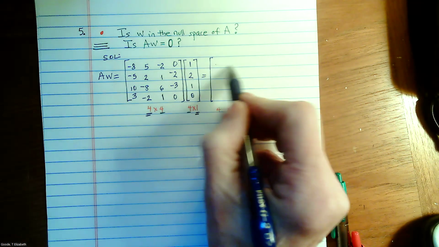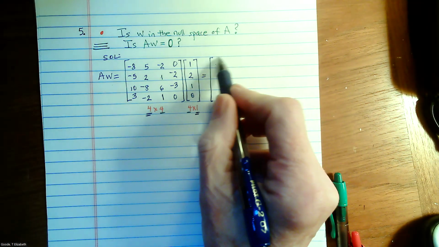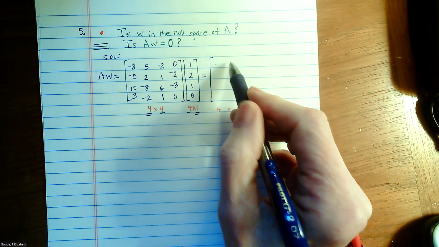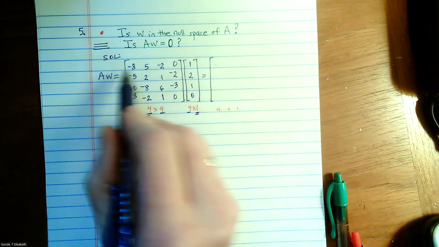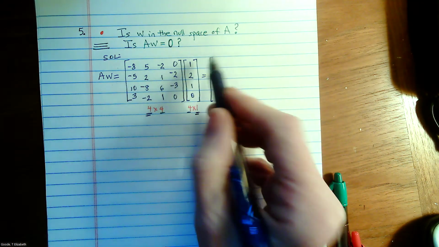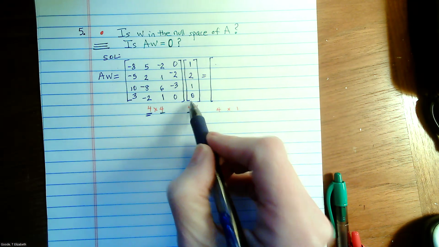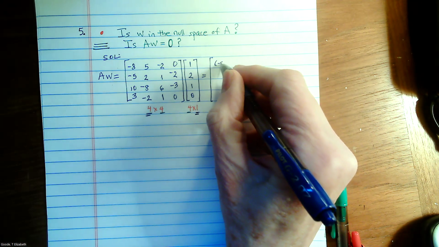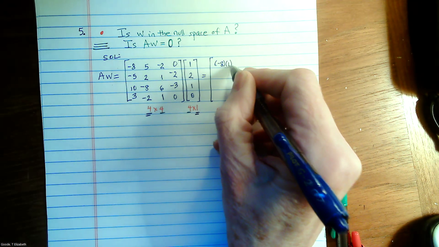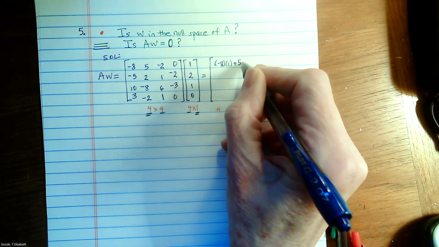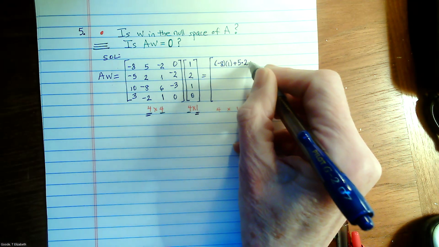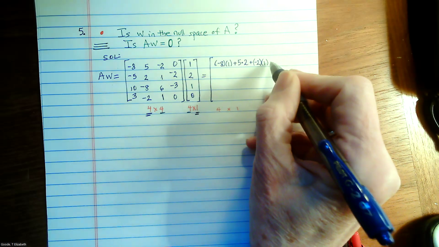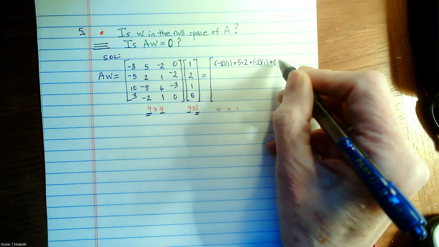So to get the first coordinate, this is row 1, and there is only one column. Column 1 coordinate, we take row 1 of A, and we multiply it by this column, which is W. So it's -8 times 1 plus 5 times 2 plus -2 times 1 plus 0, right?